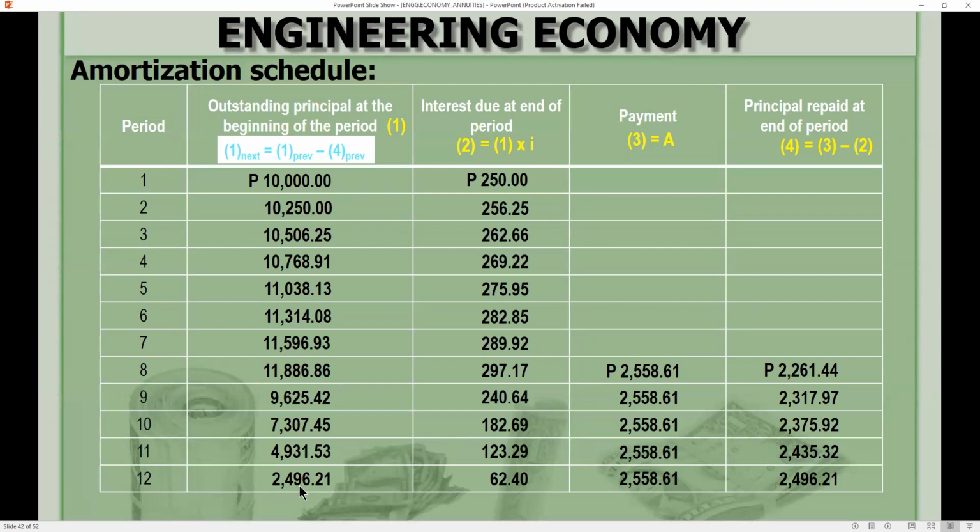So they should be equal. If you add everything, you add your total payments, and as you can see, the total minus 10,000 should be the same as the total interest. The principal is no longer 10,000, so it earned interest. At the start of the annuity, your 10,000 already becomes 11,886.86.